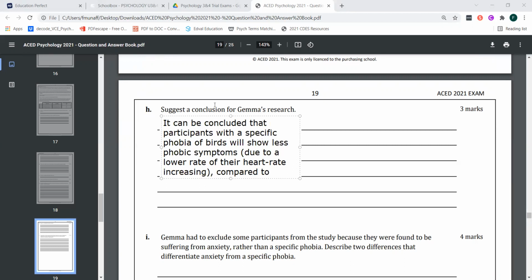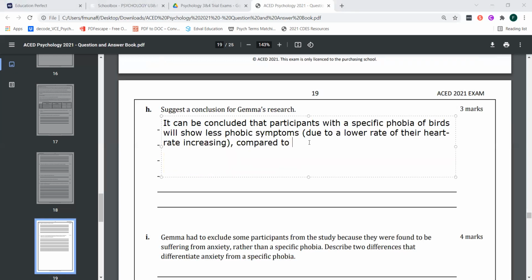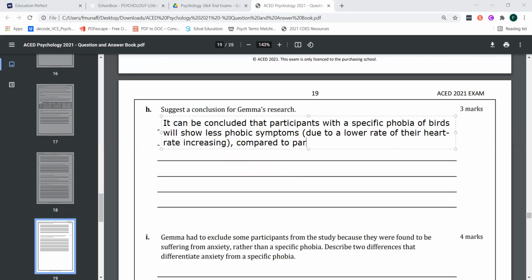So what were the other 2 groups, guys? What are we comparing this group 1 to? Compared to participants who used what was group 2? What kind of Benzos? Yeah, used a benzodiazepine. And a placebo? Or a placebo. Yeah, that's it.